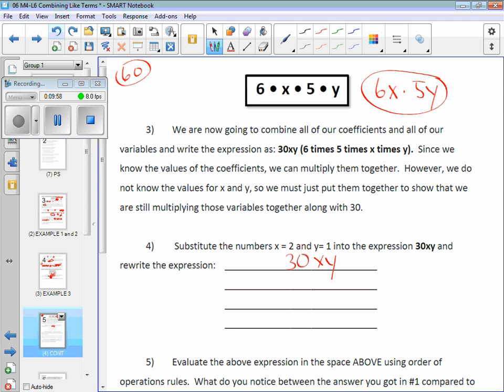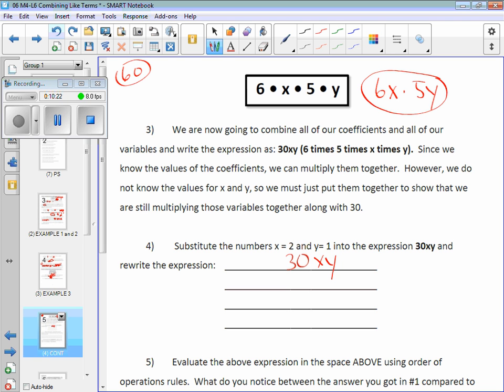Let's build on what he said because we could take it a step further. Chris? Say it, because x and y are 2 and 1, and then when you multiply that. That's right. The values for x and y have not changed.